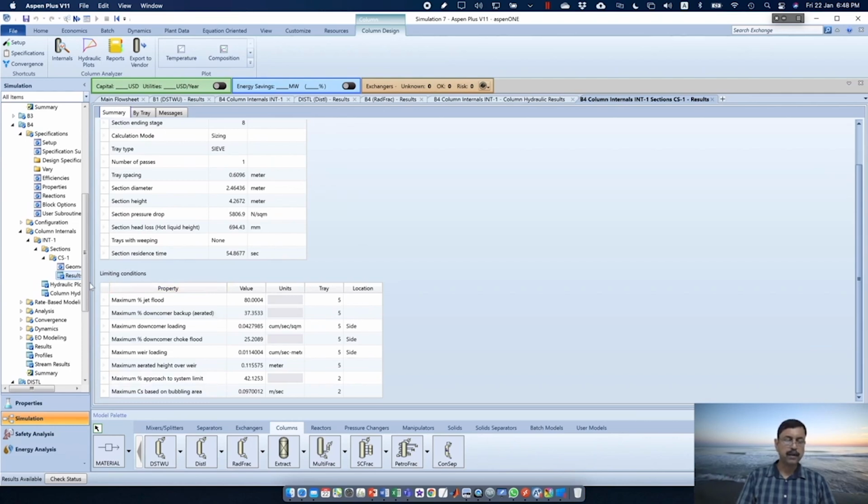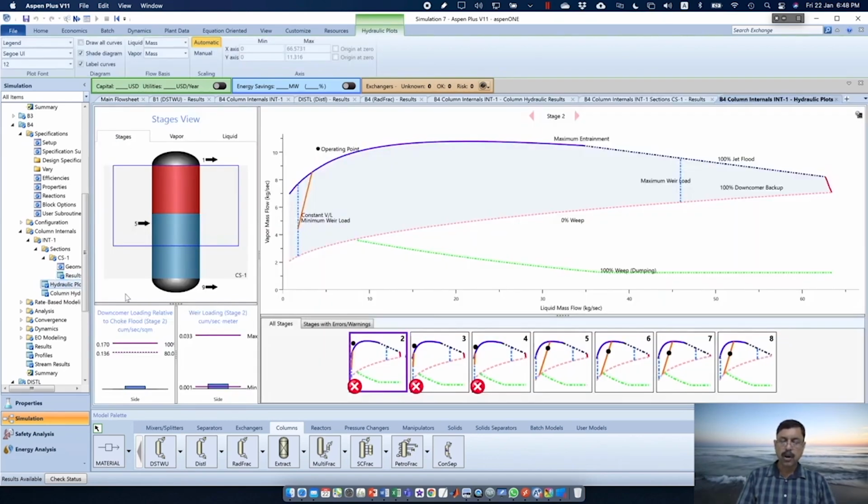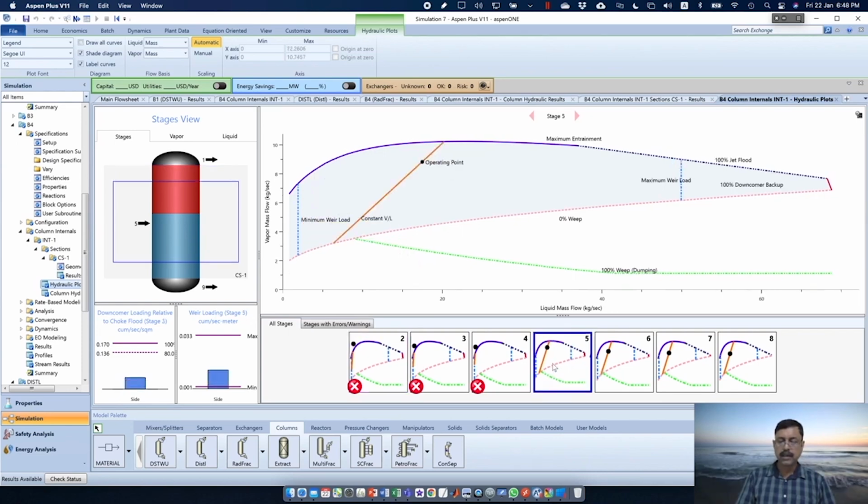It is very important. If you go and check the hydraulic plot, you will find that not all the trays are good. The tray condition is pictorially given by this. Now here if you see, say fifth tray, this is the constant V by L line and the operating point is over here. So this is the area where your operating point should lie at each and every stage.